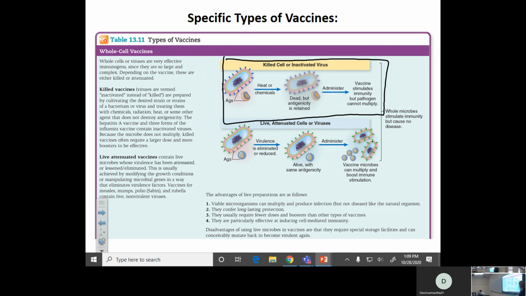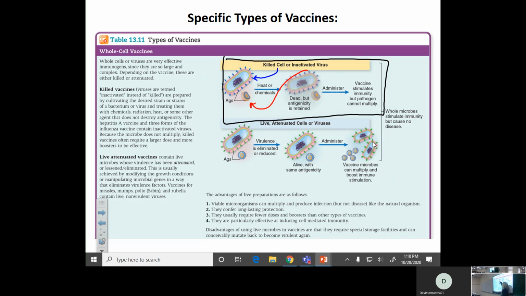And in this picture, they're using this rod-shaped bacteria as the killed cell, and they're using this here as the inactivated virus. So in this, what you do is you take the whole pathogen, the whole thing, and you kill it if it's a cell, or inactivate it if it's a virus, because you can't really kill a virus that's not alive.